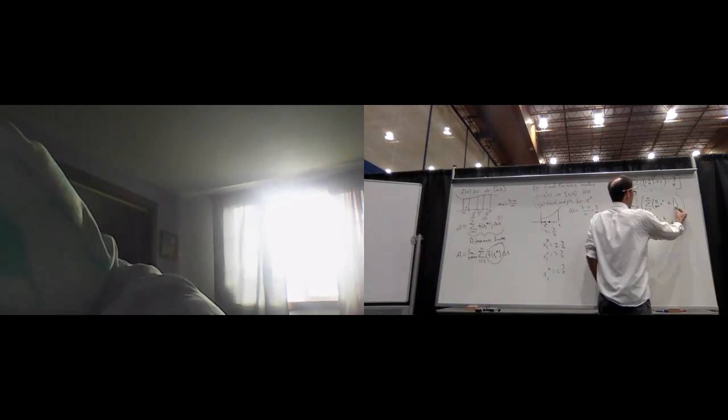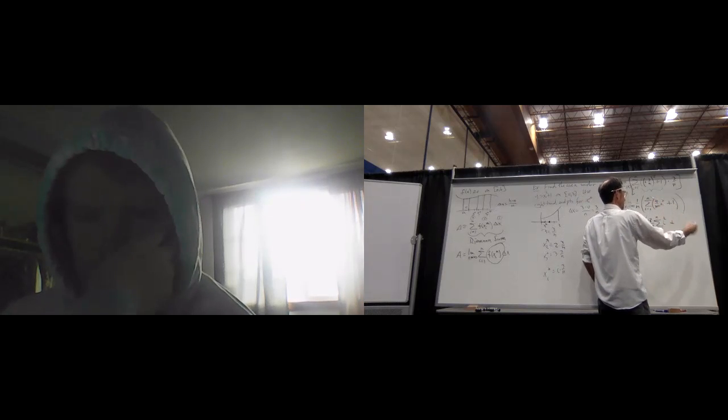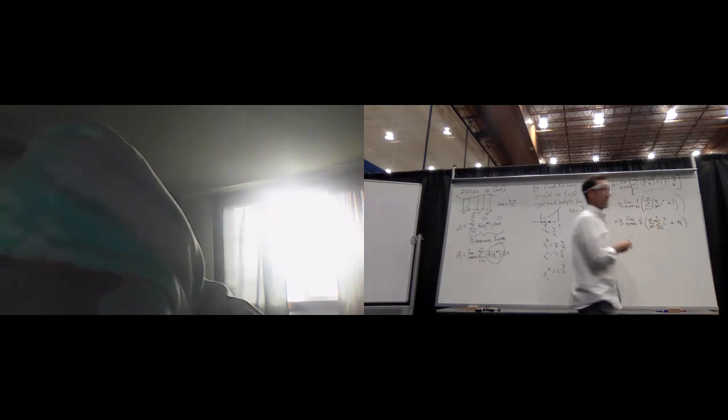If I sum the number 1 n times, what do I get? Plus 1, n. You get n. 1 plus 1 plus 1, a total of n of them. Okay, questions?